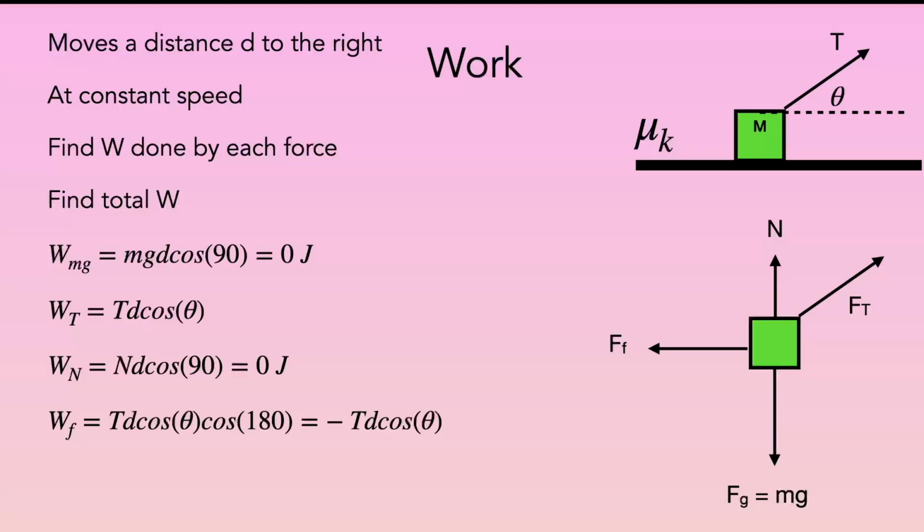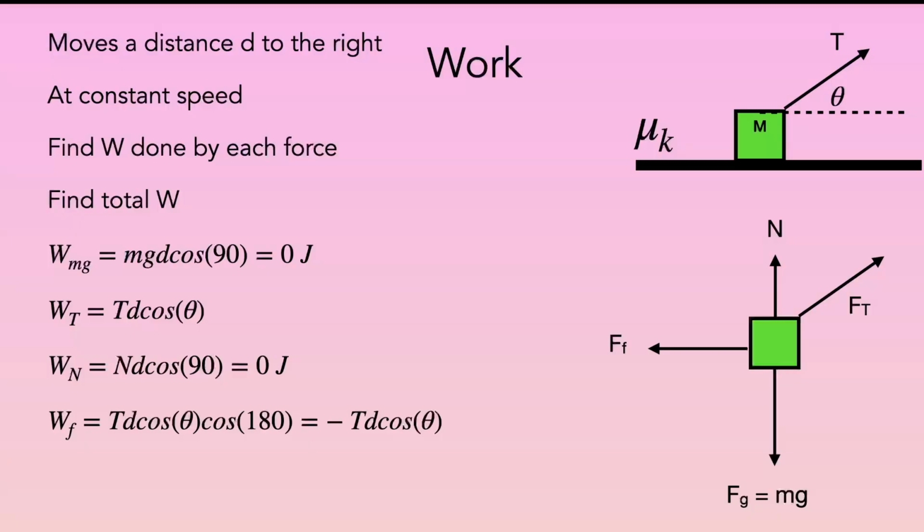Well, this one, if you think of it, it's moving at a constant speed, then if T cosine theta is pulling to the right, then it must be T cosine theta pulling back to the left. Ordinarily, if it wasn't constant speed, we'd have to do mu times the normal force, right? That will give you the force of friction, times d, times the cosine of the angle in between, which is 180.